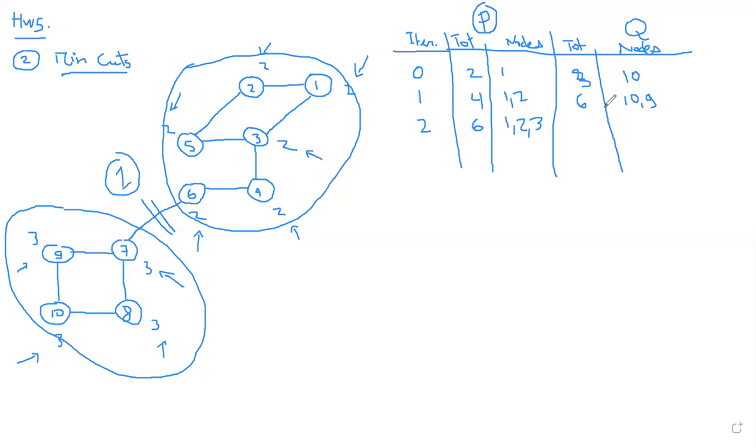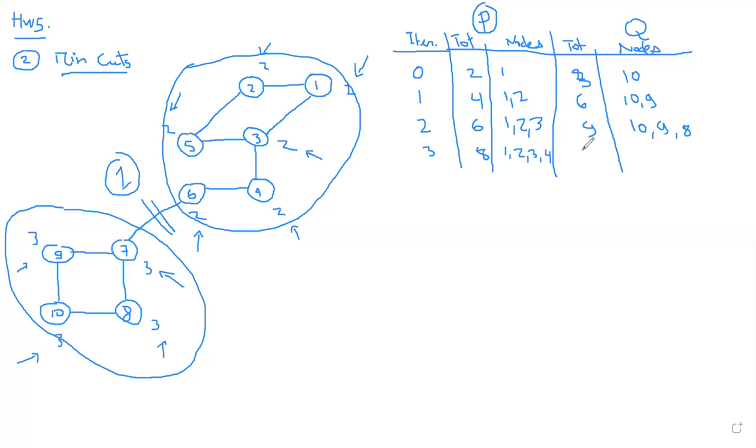Now, the two clusters are balanced, but I still have nodes to use. So I'll have to add here node 8, and I'll get 9. So I'll move on, and I have to add a fourth node here, which is node 4, and I'll get a total weight of 8.